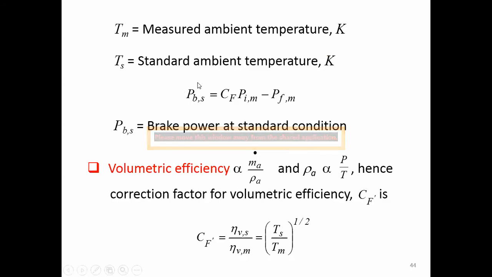So we have C sub F times P_im, which is the indicated power at the measuring condition. When we multiply by C sub F, it becomes the indicated power at standard condition, minus the friction power at the measuring condition. We don't need to change the friction power from the measuring condition to the standard condition.